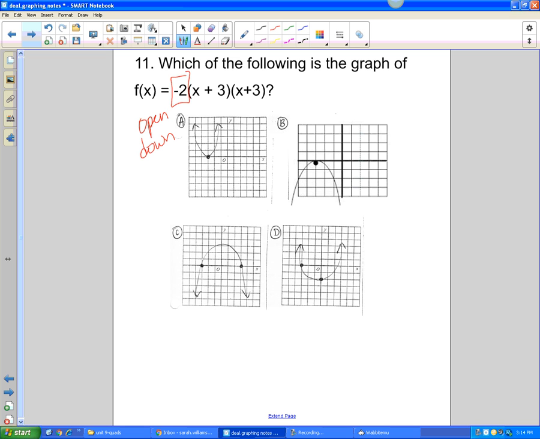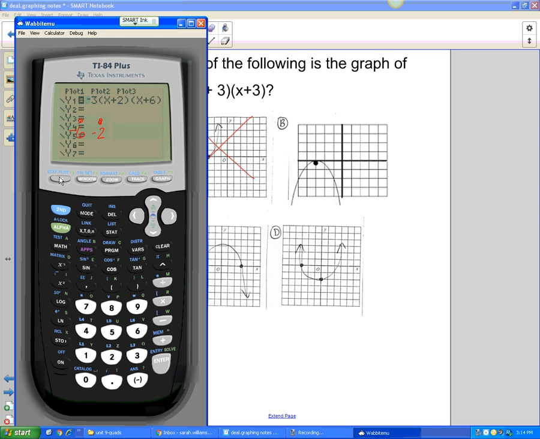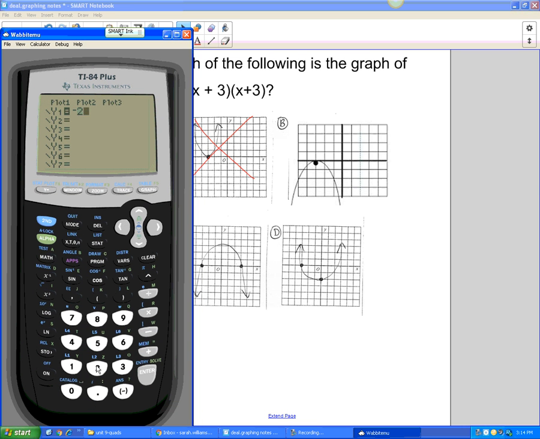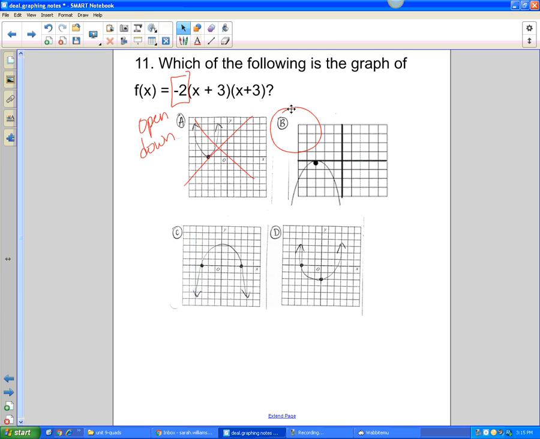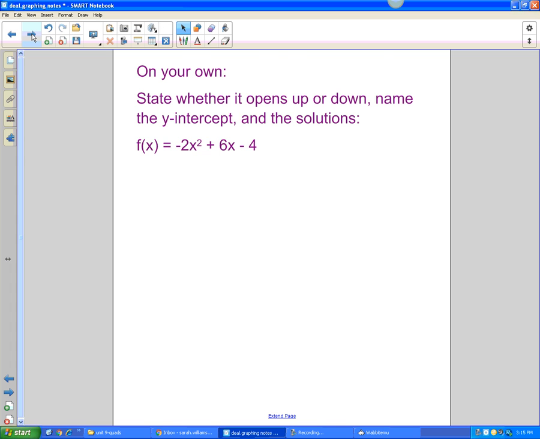So we can mark out A. All right, let's type that one in our calculator. -2 parentheses x plus 3 parentheses x plus 3. Hit graph. All right, and that one's pretty obvious that it is B. All right, and you don't need to worry about that.